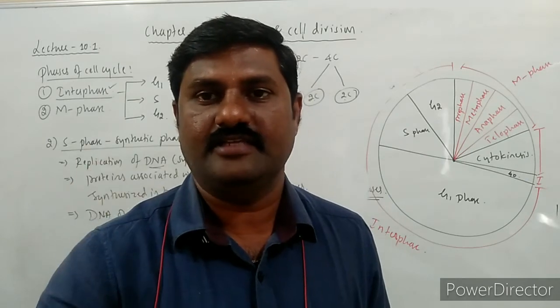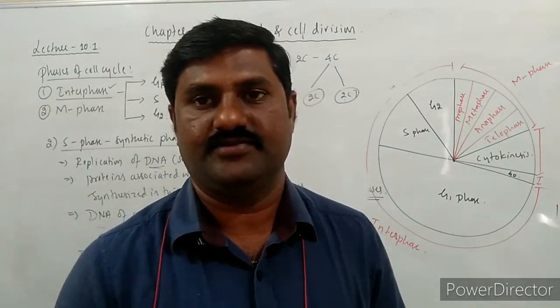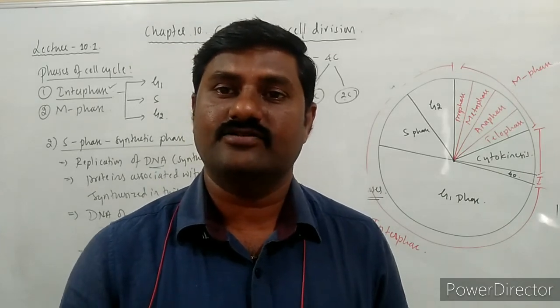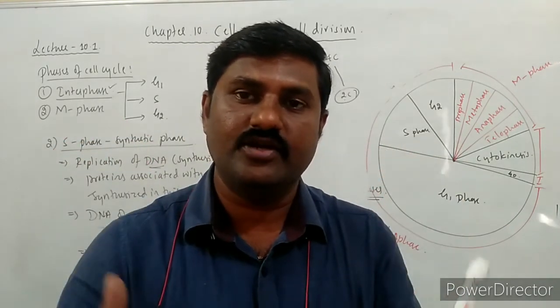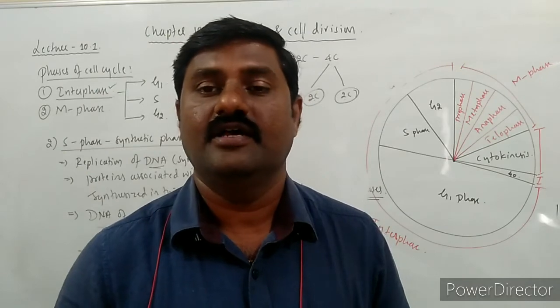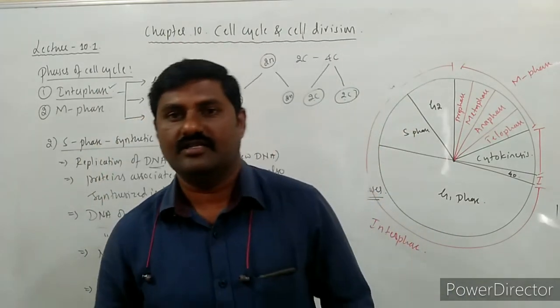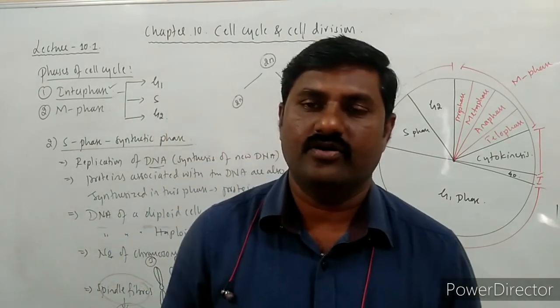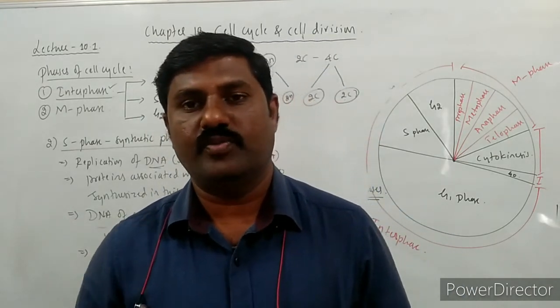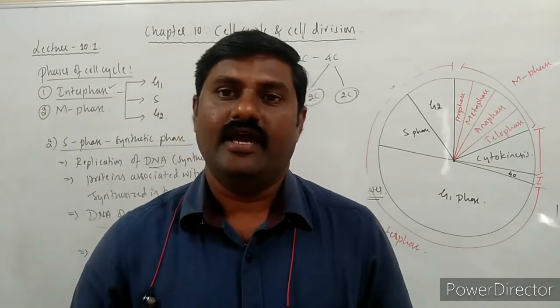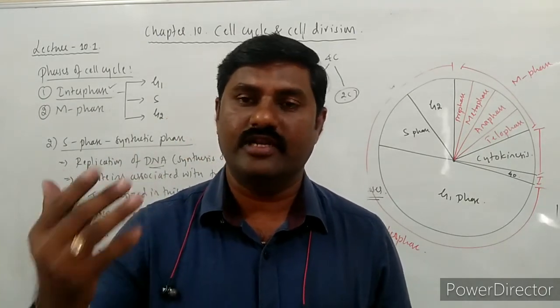The next phase itself is the G2 phase. What happens in the G2 phase is that the cellular components once again duplicate themselves. For example, the cell organelles like mitochondria as well as chloroplasts start to duplicate and produce more and more in number.